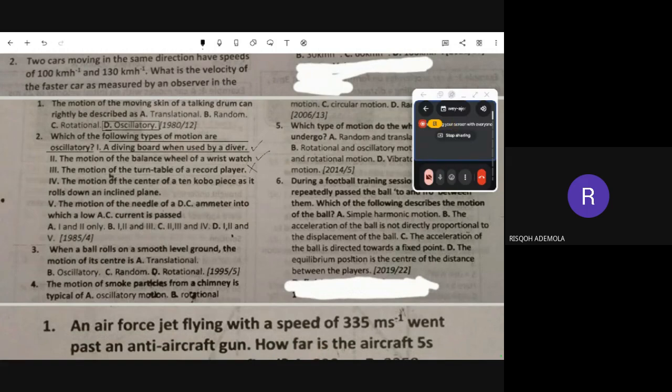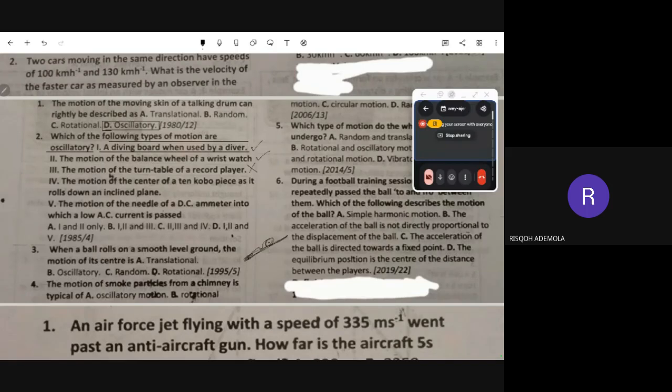Have you spent 10 kobo before? So the motion of the center of a 10 kobo piece as it rolls down an inclined plane. An inclined plane is a plane like something like this. You now put a coin, you now roll it down. That center is rotational.